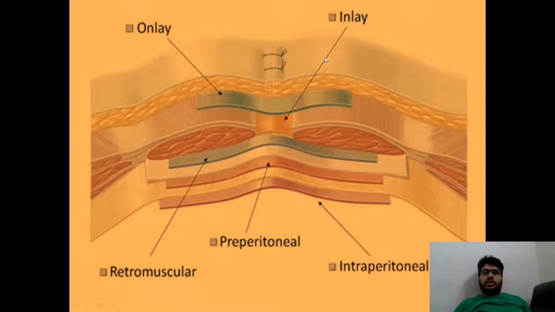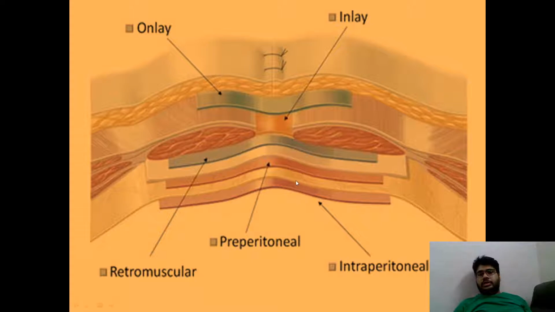So this is the recap, you can say, but one more thing is preperitoneal. So this is retromuscular, also called sublay. This is preperitoneal. This is behind the peritoneum but also after your posterior rectus sheath.